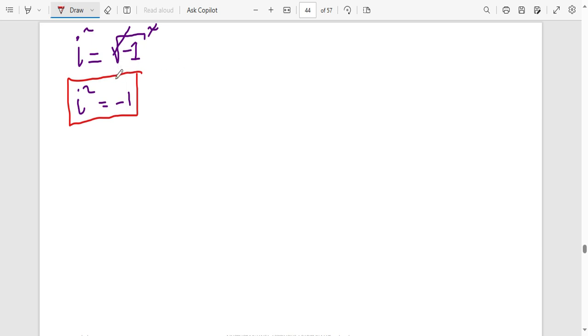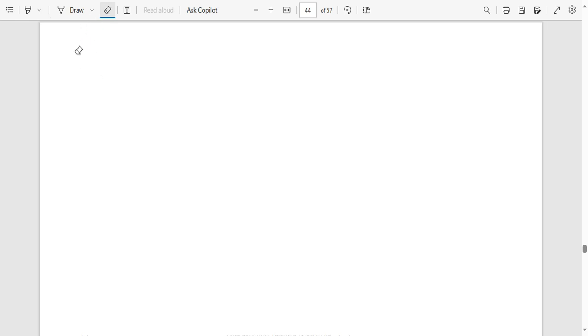Please, this is all I want. From here, things will become beautiful, so make sure that you understand that. So we are saying that i squared is equal to what? What is i squared? Negative 1. Very good.